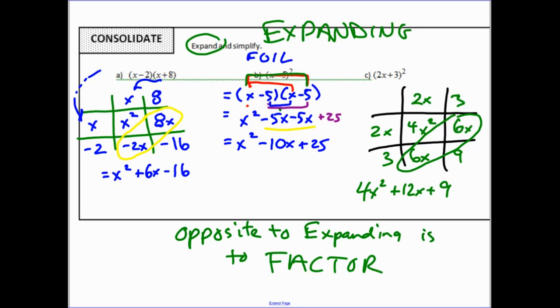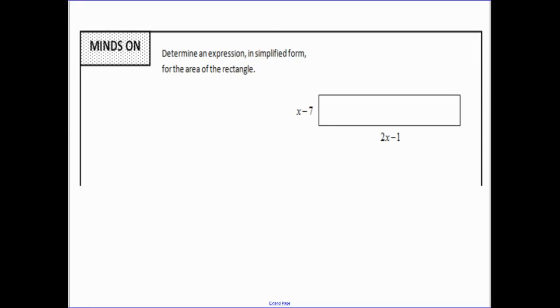And that's what today's lesson is about. Okay, determine an expression. The area would be the length times the width. So area could be written as an expression, like the length is 2x minus 1. The width is another expression, x minus 7.